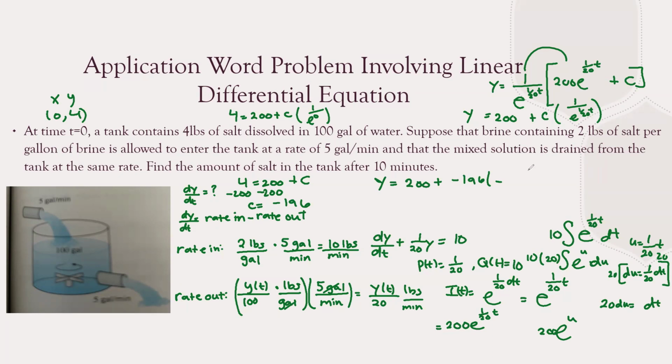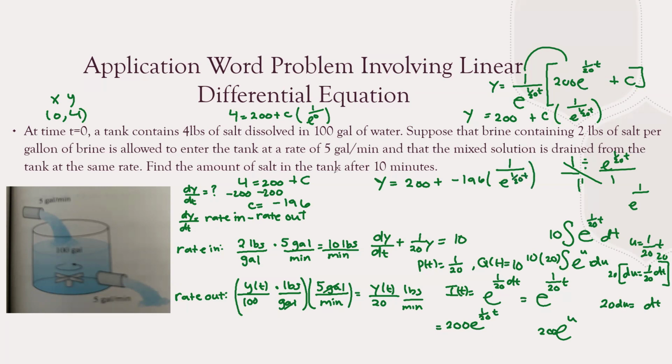Oh, we'll just leave it as it is. So it's going to be negative 196, and then let's just leave it as it is, e to the 1 over 20t.